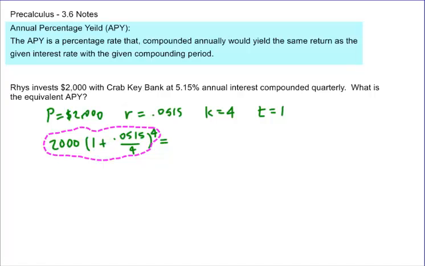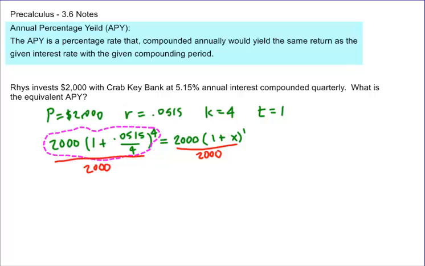And so we're going to look at this: 2,000 times 1 plus x, the rate, because that's what we don't know, the yearly rate. And remember, k now is just 1, and the time is just 1. So this is my setup when I'm trying to investigate which of these works best. And so right off the bat, we can divide by the 2,000 because it does not have an exponent or anything attached to it.